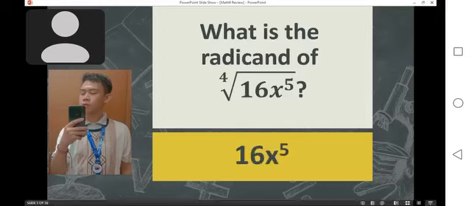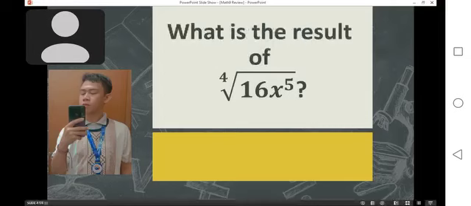Next, how about if we're going to know the result of this expression? To find the result, all you have to do is make your index and exponent the same, so that the answer is the radicand. Our index here is 4 and our radicand is 16x to the fifth power. Out of 16, we find factors that are the same.